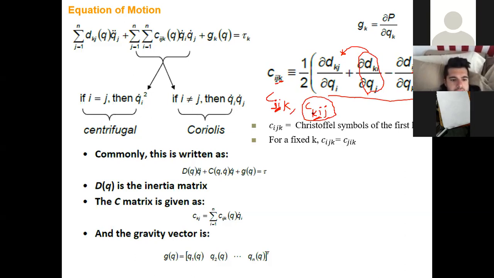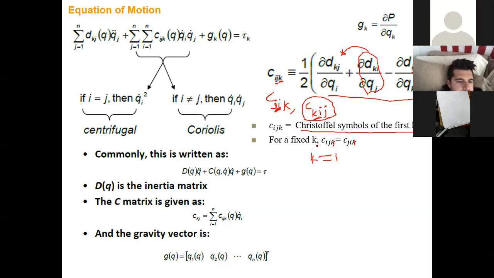Now, what is the name of this Cijk? The name of this Cijk is Christoffel symbol of first kind. It's a very big name, and it has one very nice property. If you take fixed k, let's say k equals 1, then Cij1 equals Cji1.